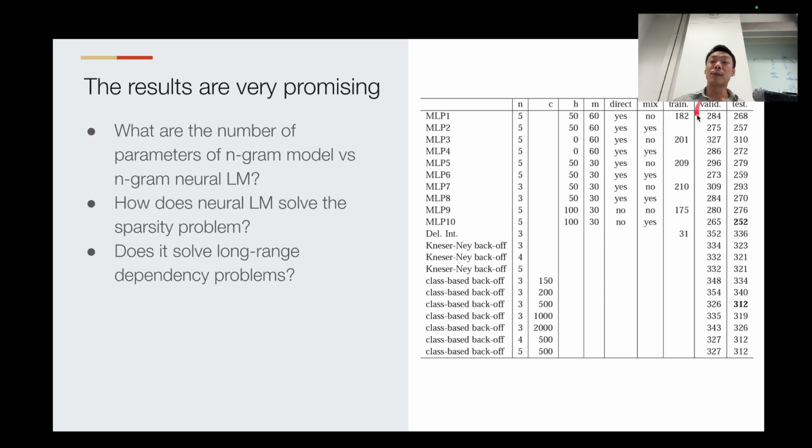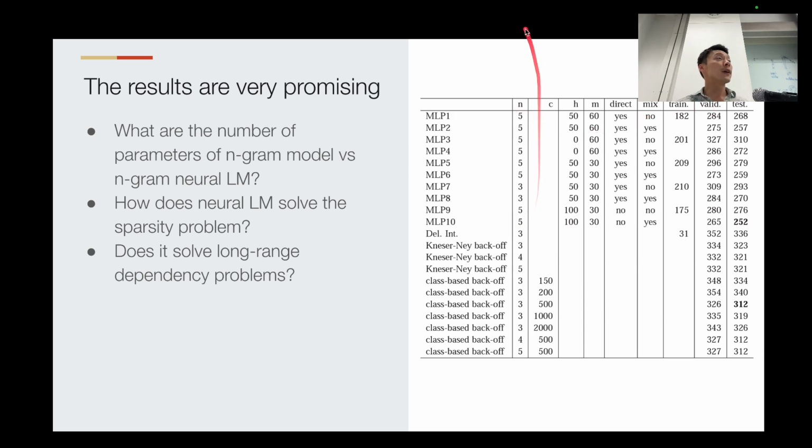On these columns, the values for train, validation, and test are perplexity. Just to review, perplexity, the lower the better. It's an evaluation metric for language models.